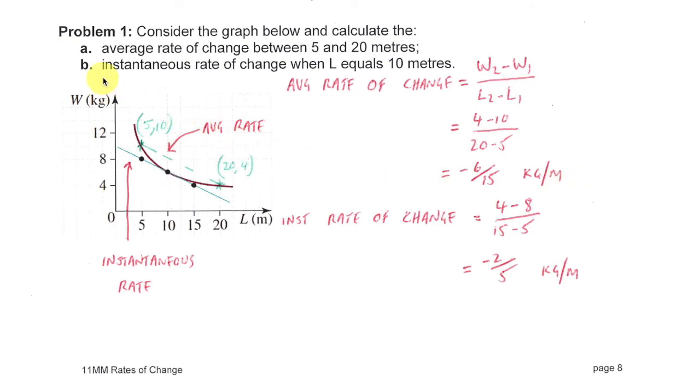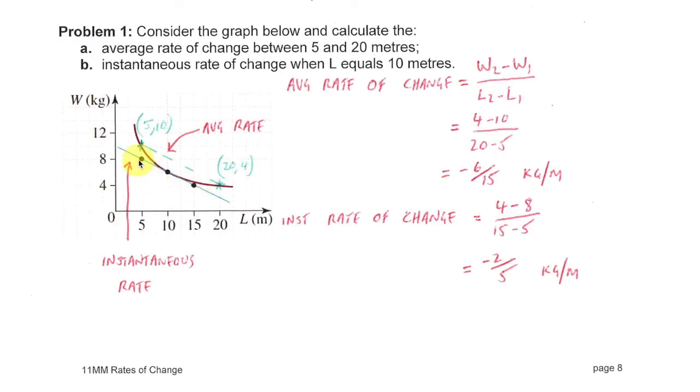B, the instantaneous rate of change. So we're looking at exactly where the length is equal to 10 meters. So my technique should be to go up to the graph, place a perfectly placed tangent line, and that's already been done for us. Then look at that tangent line and locate 2 known points and calculate the gradient.